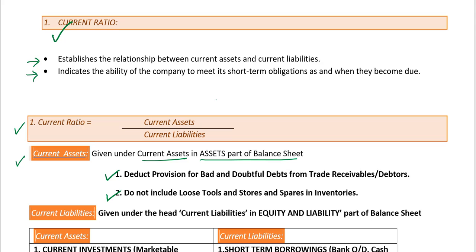And also, we should not include loose tools and stores and spares in the inventories. Do not include these two items. And to arrive at the current liabilities, we need to take all amounts which is given under the head of current liabilities in the equity and liability part of the balance sheet.